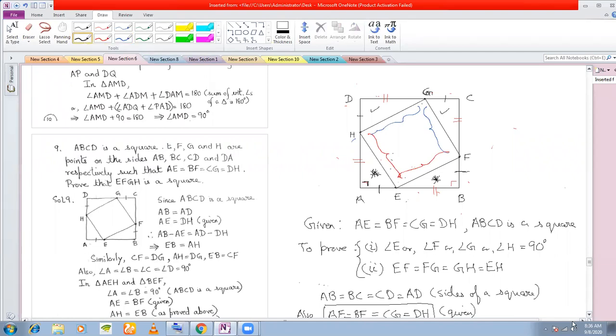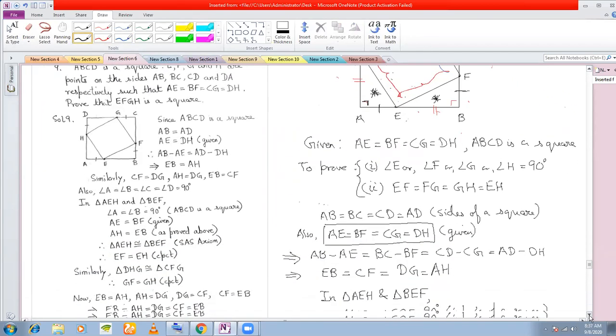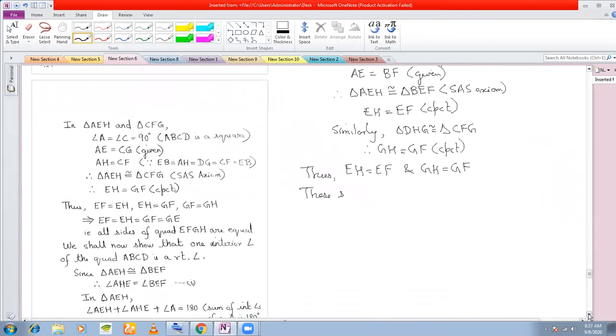So we conclude that in the quadrilateral ABCD, these show that the adjacent sides of the quadrilateral ABCD are equal.